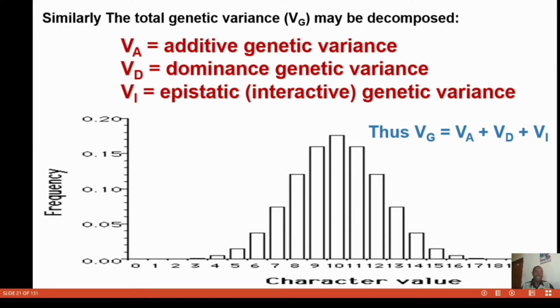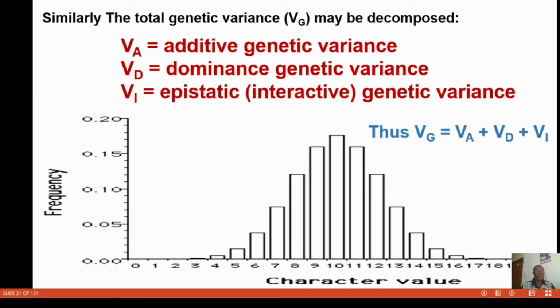We can see that we have a decomposed total genetic variance as seen into the VA, VD plus VI. Again, that total genetic variance, as one can see here, is actually normally distributed.